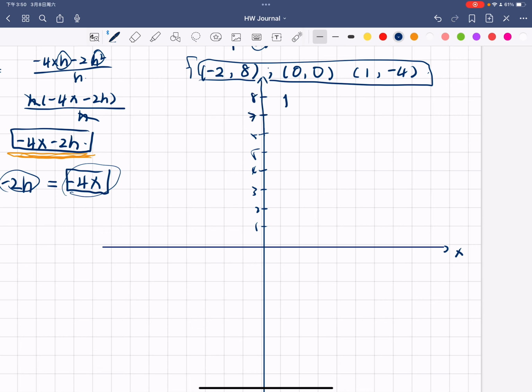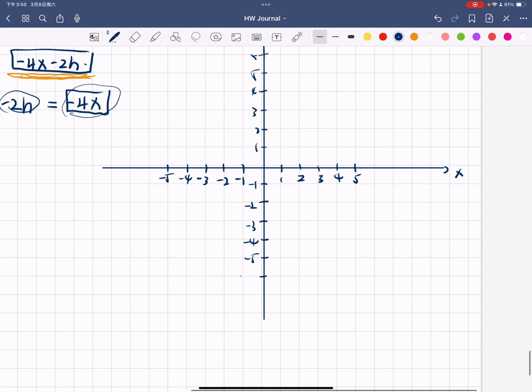Negative 1, negative 2, negative 3, negative 4, negative 5, negative 6, negative 7.